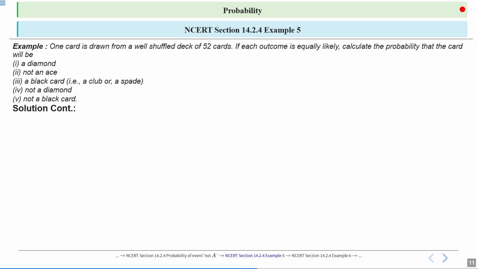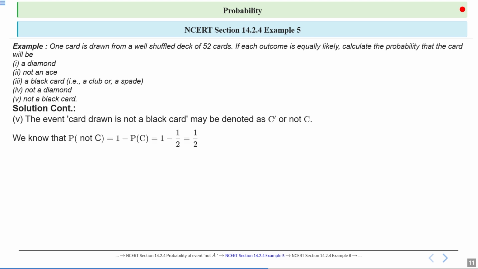Now we will calculate the probability that the card will not be a black card. The event that the card drawn is not a black card may be denoted as C complement, or not C. We've already found the probability of C. We know that probability of not C is equal to 1 minus probability of C, and the probability of C is 1 by 2.